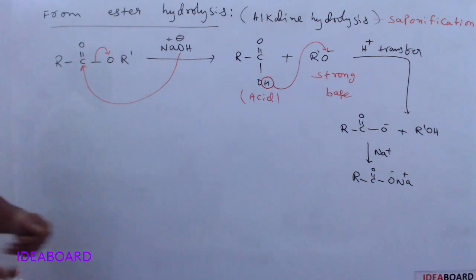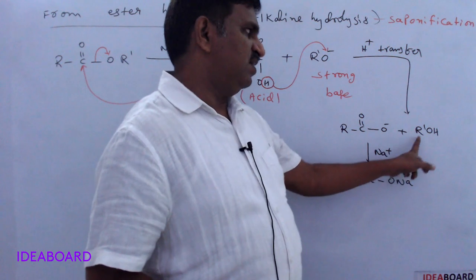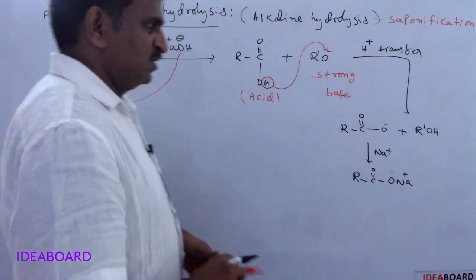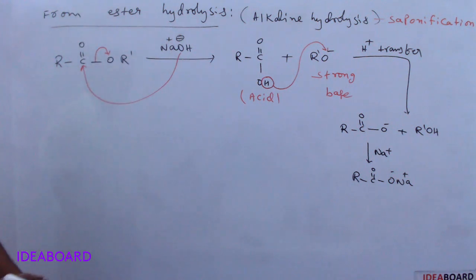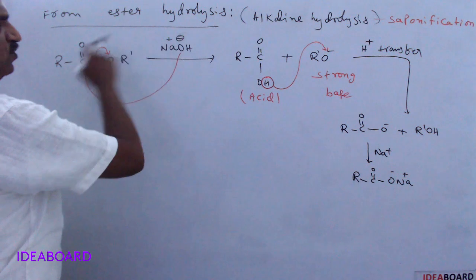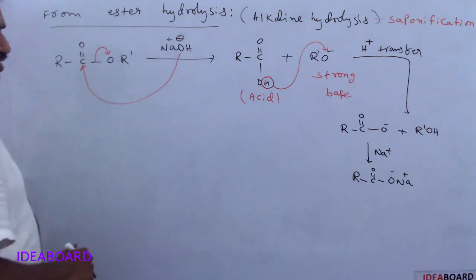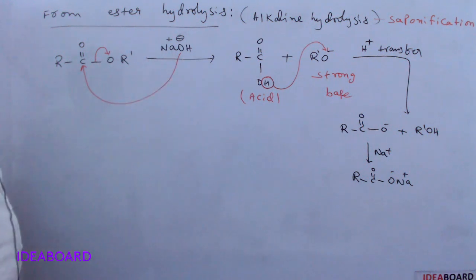So here we are getting RCOONa, sodium carboxylate, and alcohol formation occurs. This is ester hydrolysis in the presence of a base. And here base and nucleophile, both are working. Here it is a bimolecular reaction and order of reaction is 2.